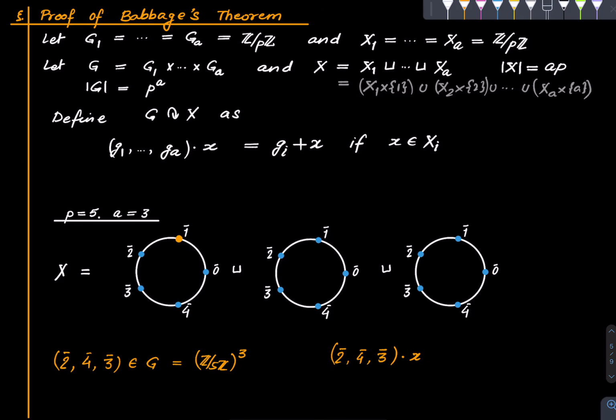So that's the action. It's not clear why we are even considering it, but you can see that at least one of the characters that appear in Babbage's theorem are appearing here, and soon more characters will also appear.